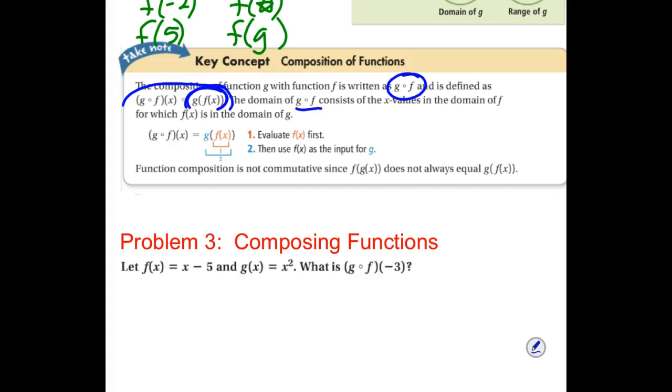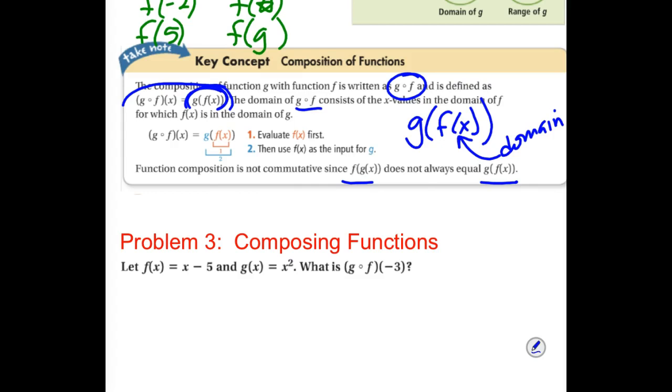So if I am looking at g of f of x, I have to worry about domain issues for that inside function, and then I'm going to look at my final answer and see if anything else pops up. Function composition is not commutative. So f of g and g of f do not necessarily give you the same thing, so you do have to watch the order.